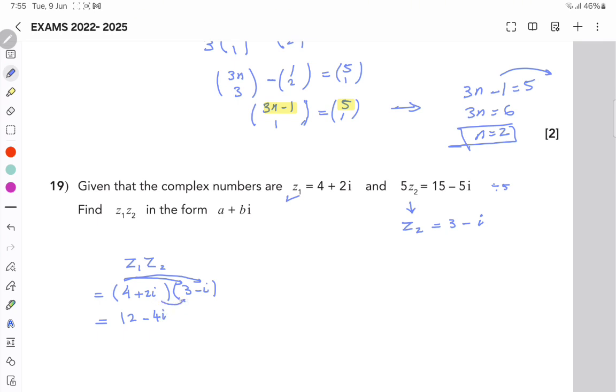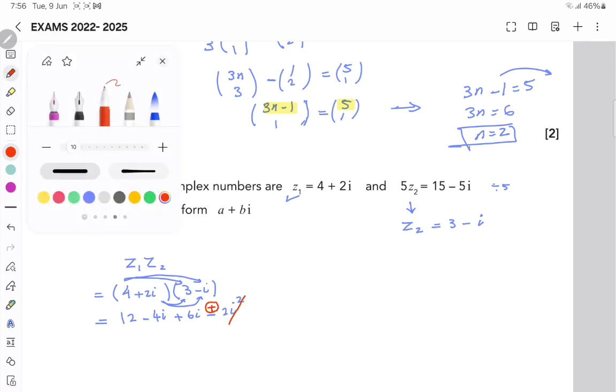Then take 2i and distribute by multiplication in the second bracket. 2i times 3, it will be positive 6i. 2i times negative i, it will be negative 2i squared. And as you know, i squared equals negative 1, so the negative changes sign and it changes from imaginary to be a real part.